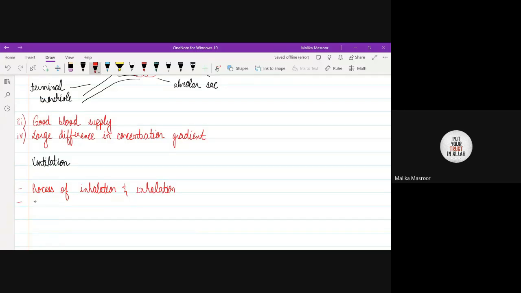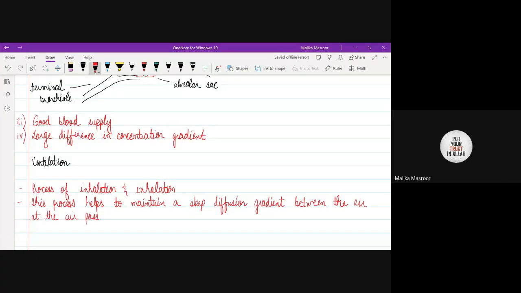And this process basically helps to maintain a steep diffusion gradient between the air at the air passage and the alveolar air.